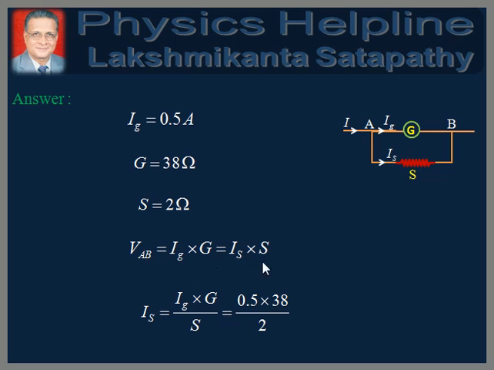From this expression, we can write the expression for Is. Is is equal to Ig into G divided by S. Now we'll put the values. Ig is equal to 0.5 amperes and G is equal to 38 ohms and S is equal to 2 ohms.